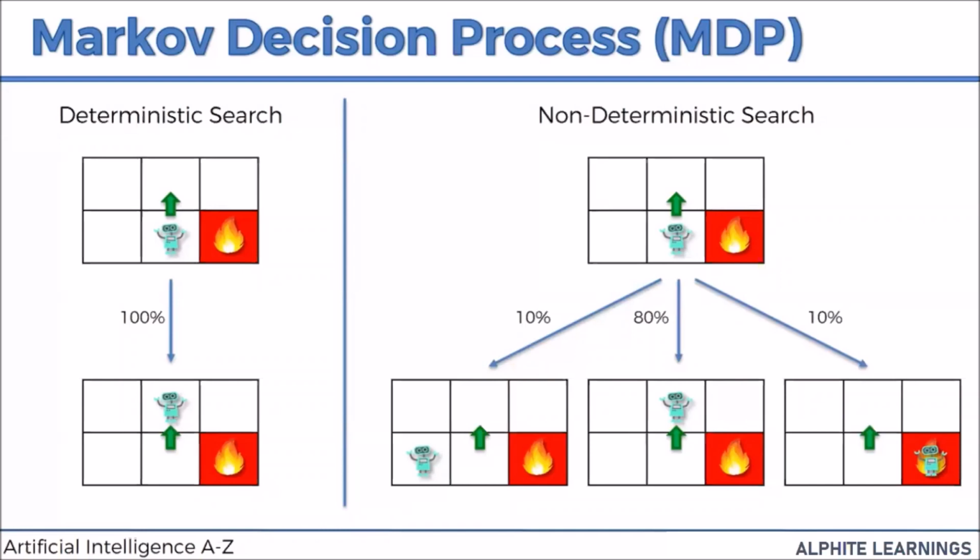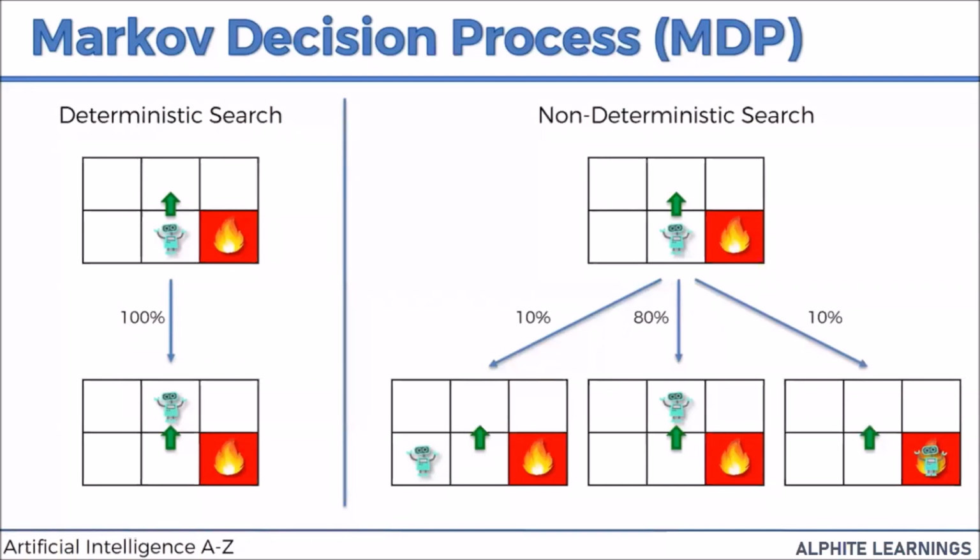If it were 100%, it wouldn't need to think. So it has probability, either it can do this or do that. 10% is the chance of falling into the pit, 10% of moving left, and 80% of moving up, right? So every time we will not be having a deterministic search.